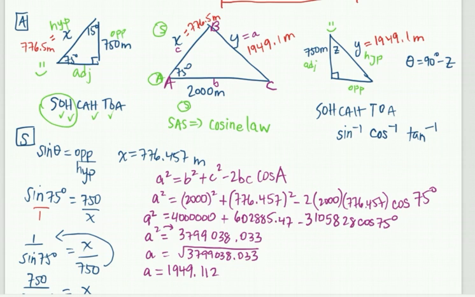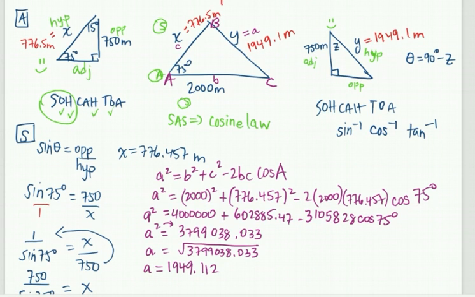All right, so we have adjacent and we have hypotenuse. So here we're going to use the cosine ratio in order to find our z value here. So cosine theta is adjacent over hypotenuse.